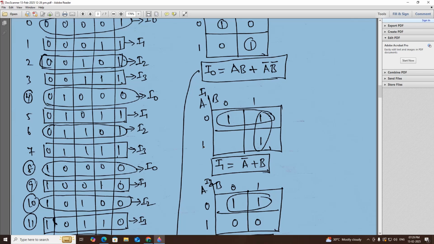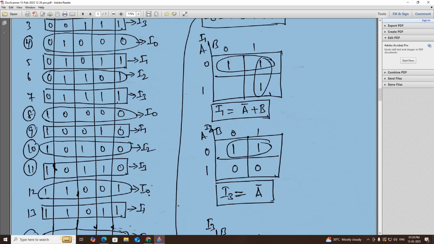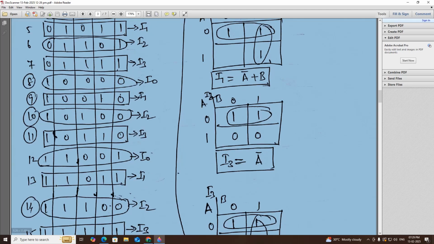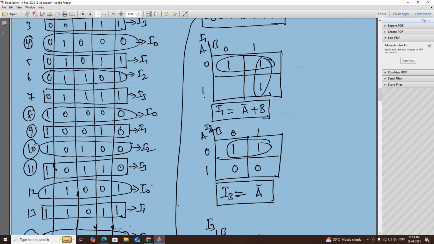And for the last one, A equal to 1, B equal to 1, it is 1. So these two we can combine, and this is simply A bar, and this is simply B. So the expression for I1 is A bar plus B.